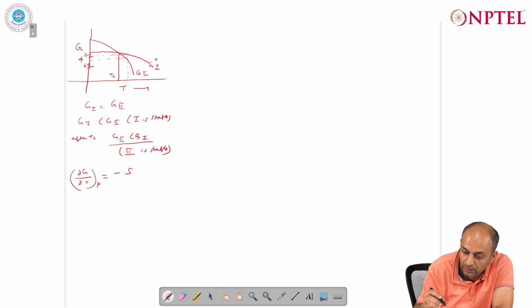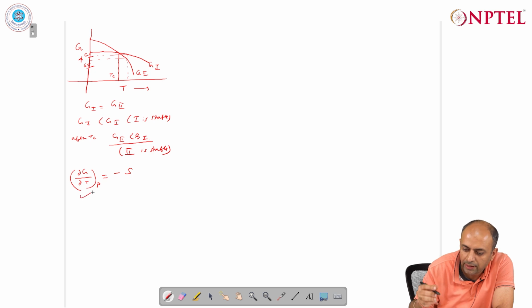So it is very clearly illustrated that after the phase transition temperature, the entropy of the higher temperature polymorph is greater compared to the first polymorph. That is because you are increasing the temperature of the system and you are forming a high temperature polymorph.